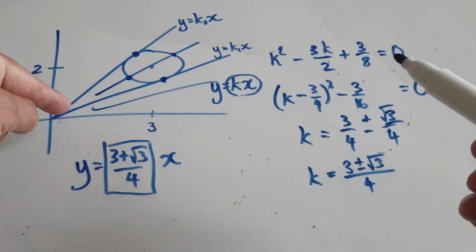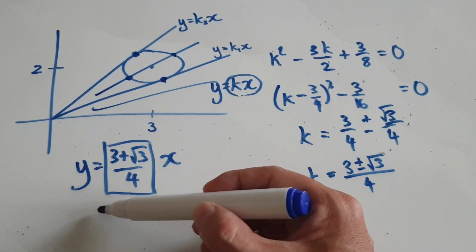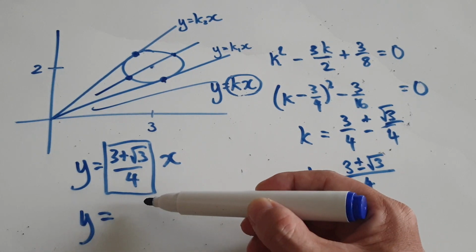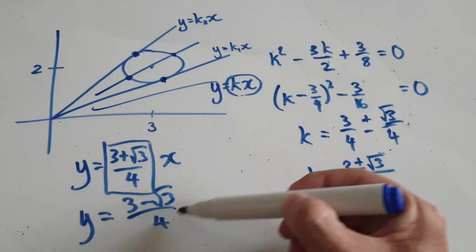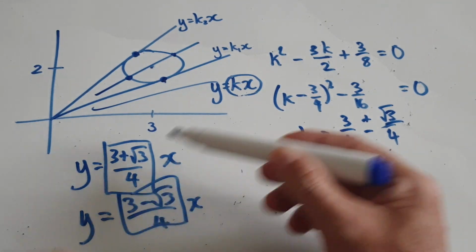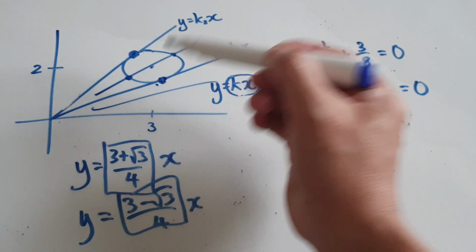Punch this in, it will give you either this straight line or this straight line. And the other solution is y equals 3 minus root 3 over 4 x. That will then give you the other straight line where you will only have one solution. Okay?